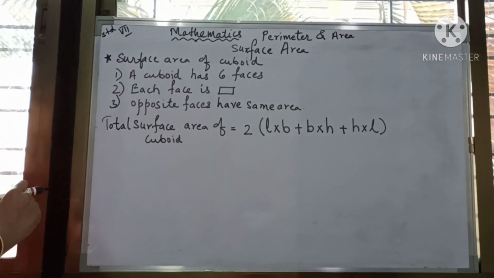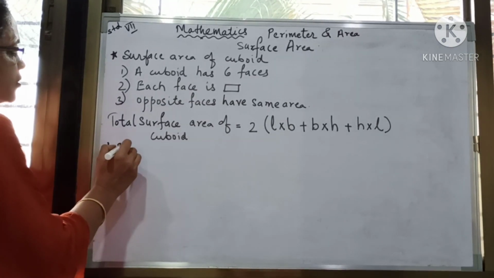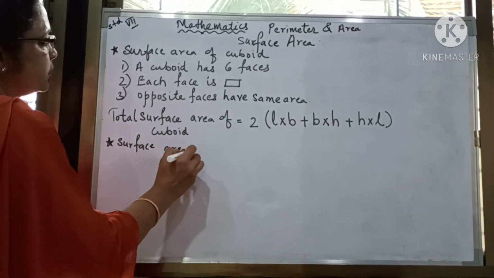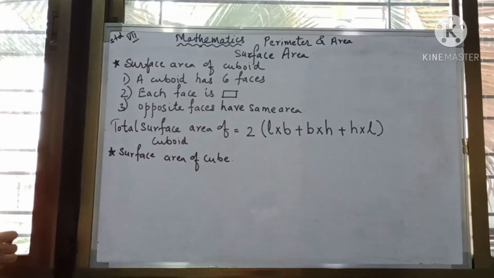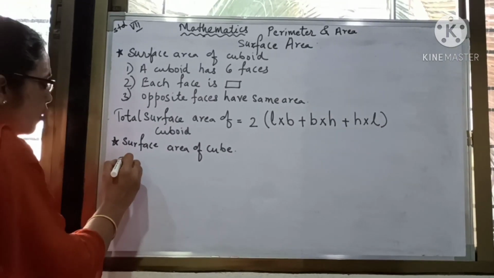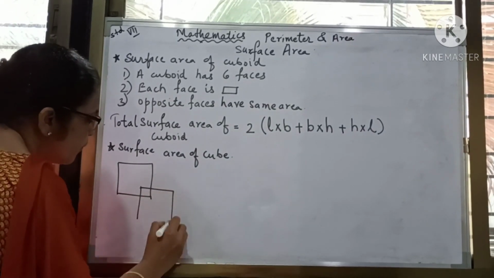Now similarly we will learn about the total surface area of a cube. You know that in a cube, all sides are equal.